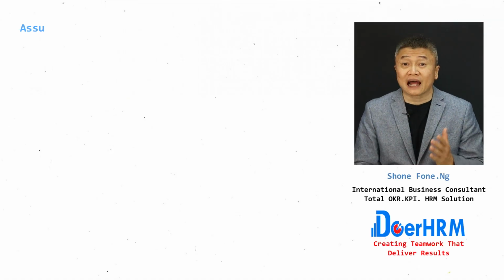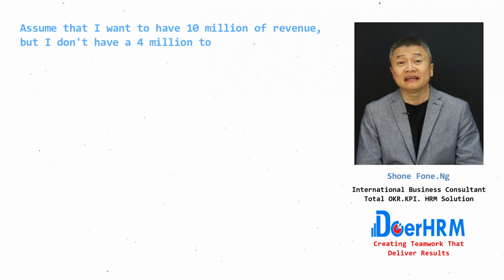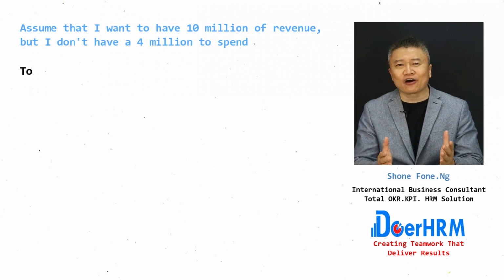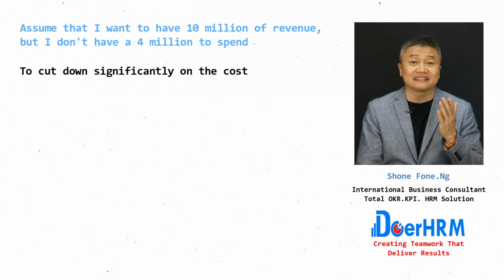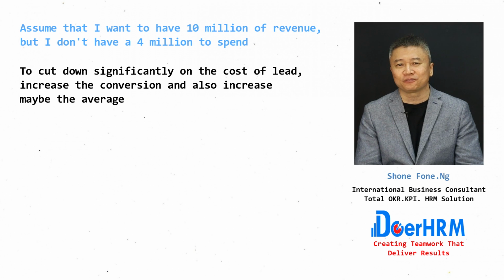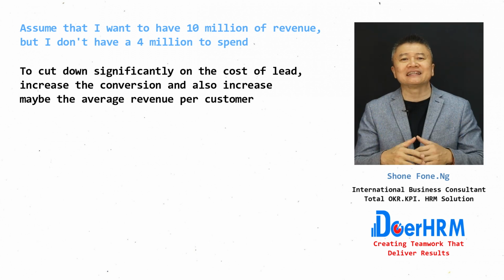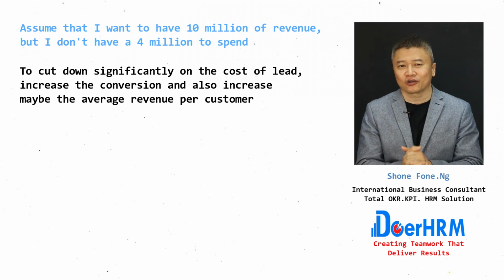So, if I assume that I want to have 10 million of revenue, but I don't have 4 million to spend, it means that I have to cut down significantly on the cost of leads, increase the conversion, and also maybe increase the average revenue per customer. So I can play with the numbers and see how achievable this is or not.